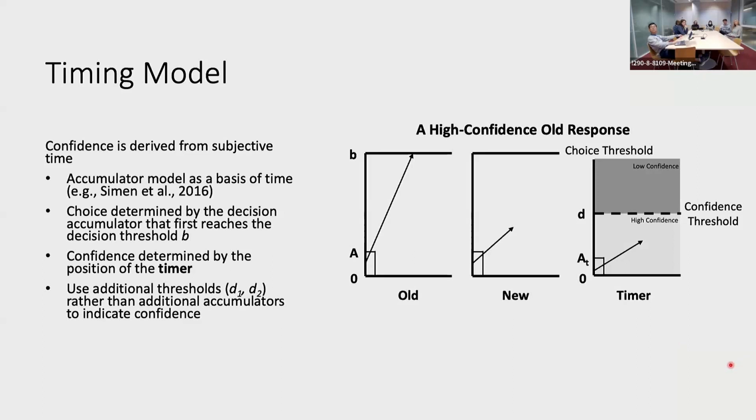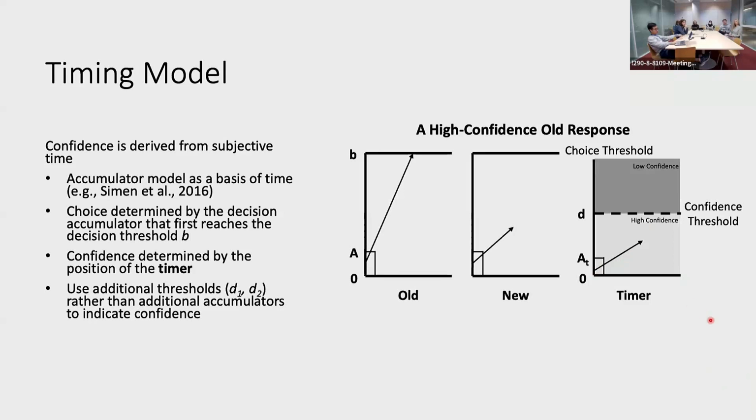So even if you stop people at exactly the same time, across different trials, people will vary in how they judge the amount of time that has elapsed. So it's not like within an objective time interval, say 500 milliseconds, all the responses people make are high confidence. Instead you can have slow high confidence responses and fast low confidence responses, depending on how fast you think time has passed, which is represented by the timing drift rate.